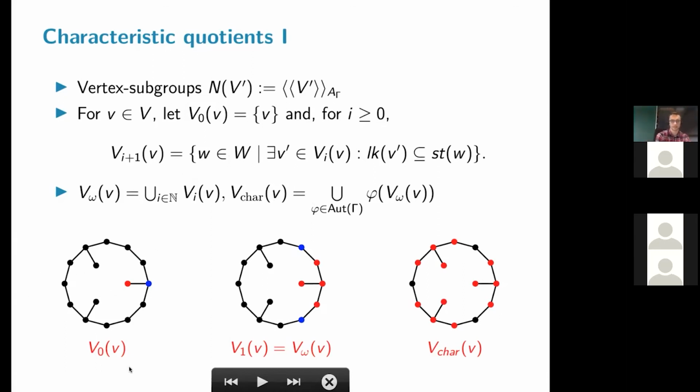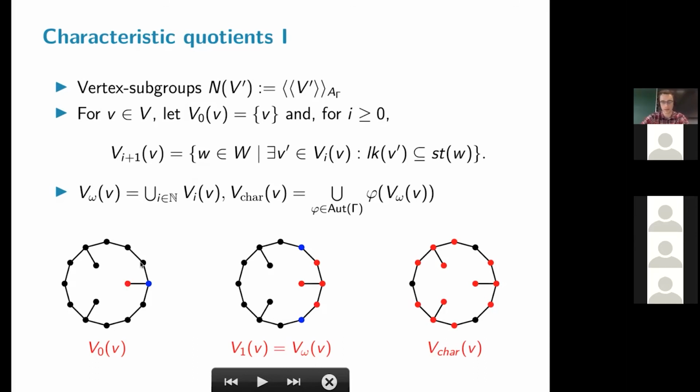But I'll first illustrate the process I described here. If you take this as a graph, and I start with the red vertex, the blue one is the vertex in the link of the red one. So in the next step, we have to add all vertices that contain the blue vertex in their link. Now, there is this black one. Its neighbors are this one and this one, so it contains the blue one. We add this red one. By symmetry, the one below is also one we have to add.